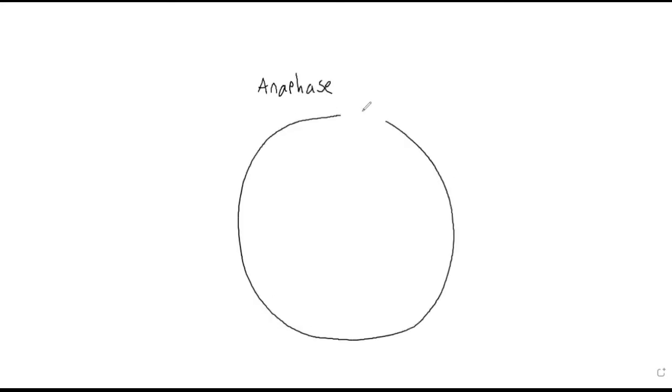And anaphase is where you can see the sister chromatids, which will be no more sister chromatids. Instead, they will now just be called chromosomes because they're going to be separated. So you can see that the sister chromatids actually are not going to be sister chromatids anymore.